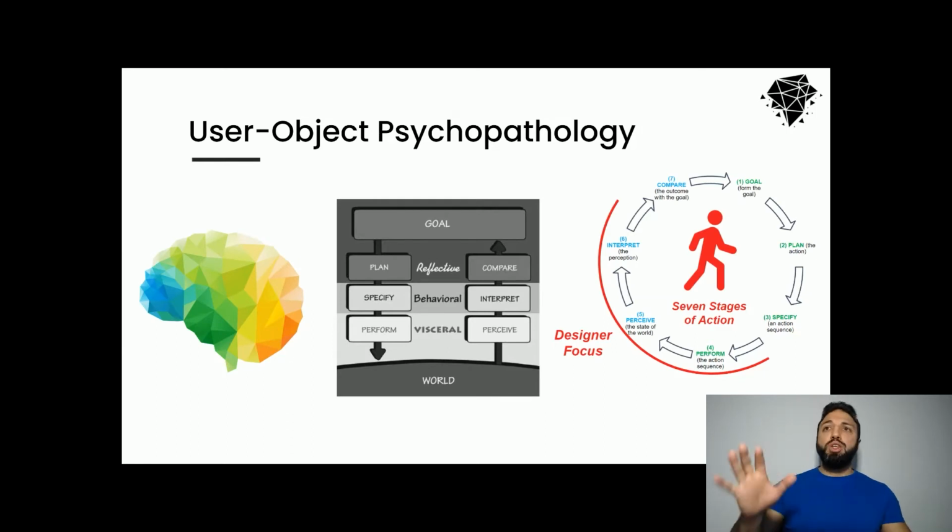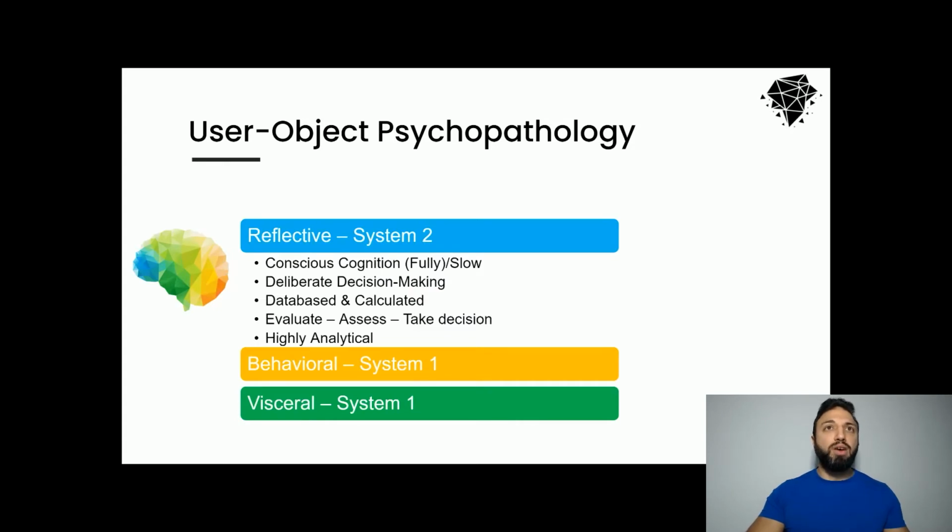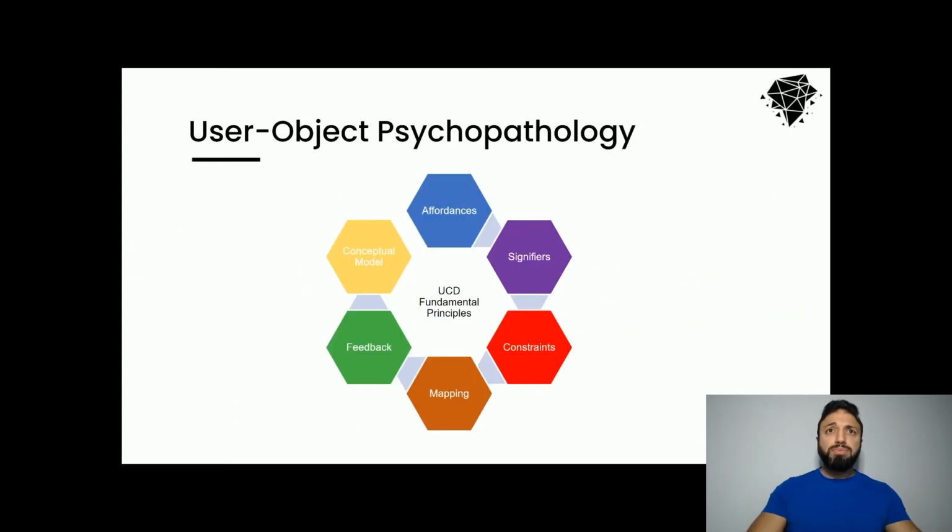So now that we talked about the 7 stages of action, and we talked about the psychology of your brain, system 1 and system 2, and the 3 levels of processing, which are visceral, behavioral, and reflective, how can I apply this? This is a lot of good theoretical talk, but in order to apply it, you just need to do these 6 things in your products.